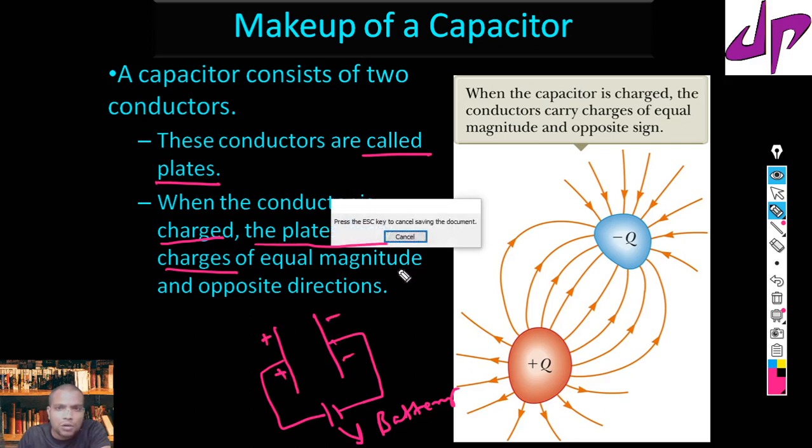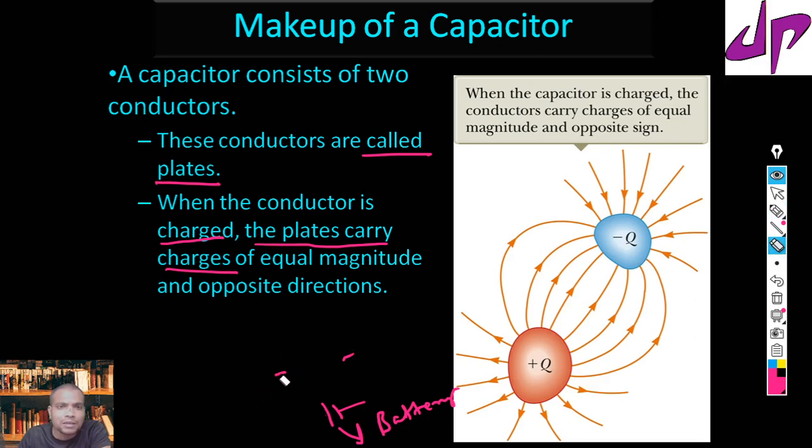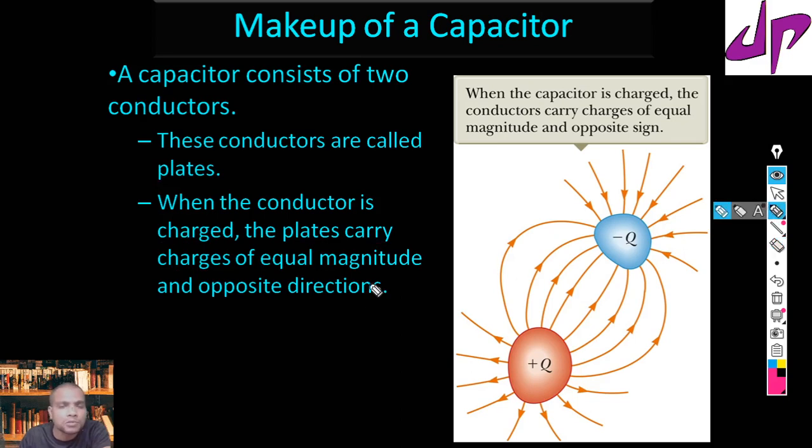The magnitude of the charge on these two plates is the same, but the sum of the charge on the total capacitor is equal to 0. Why? Because one plate accumulates positive charge and the other plate accumulates negative charge.